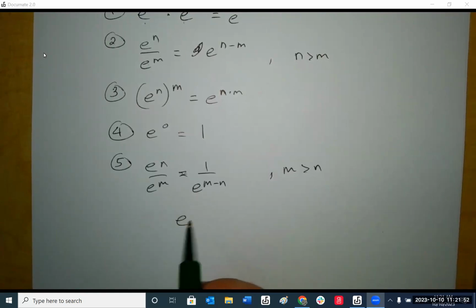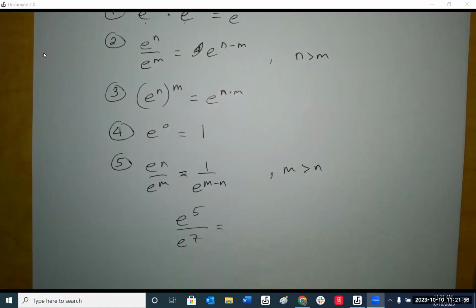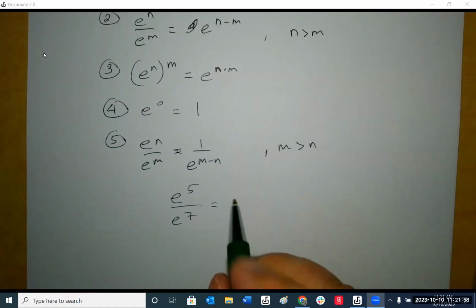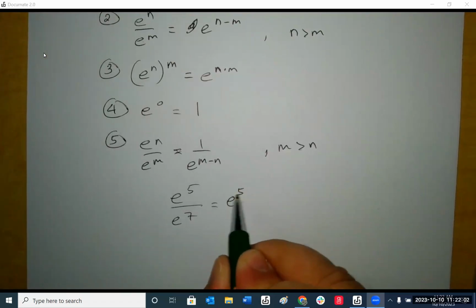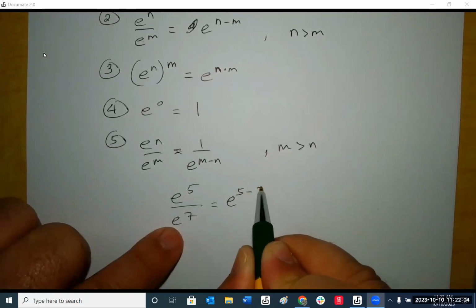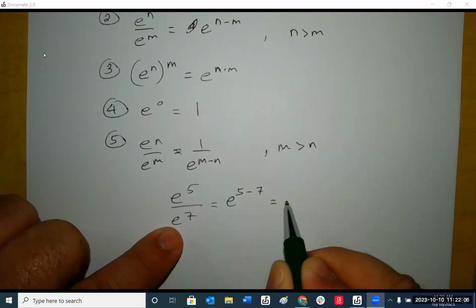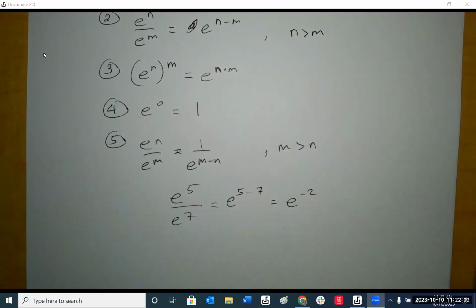In other words, if I had e to the 5 over e to the 7, I could use rule 2 and subtract the top minus the bottom. This would give me e to the power -2.